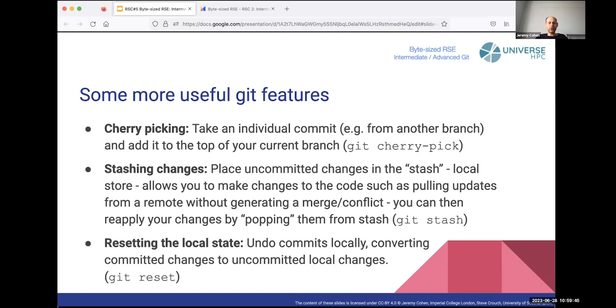The other thing that's useful to know about is git reset. So that lets you undo commits locally, and it will convert locally committed changes to uncommitted. So if you've got some commits that you've made locally, you haven't pushed them to a remote, and then you've decided that actually you don't want to have that last commit because you made a mistake and you want to change something.